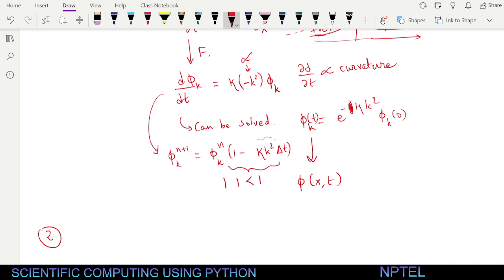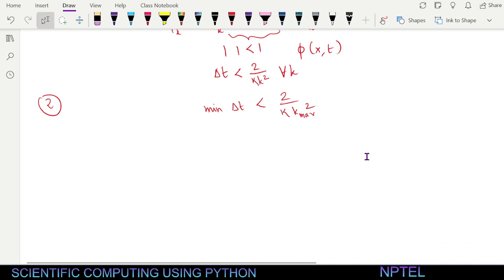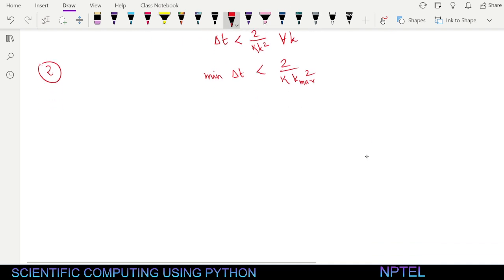If this is minus 1, then alpha is 2. So delta t at max can be 2 by kappa k square for all k. So delta t is less than the minimum of all of this, which is 2 divided by kappa times maximum of k square, right? So k max square. So this way you can talk about stabilities. So this is a very important result, right?